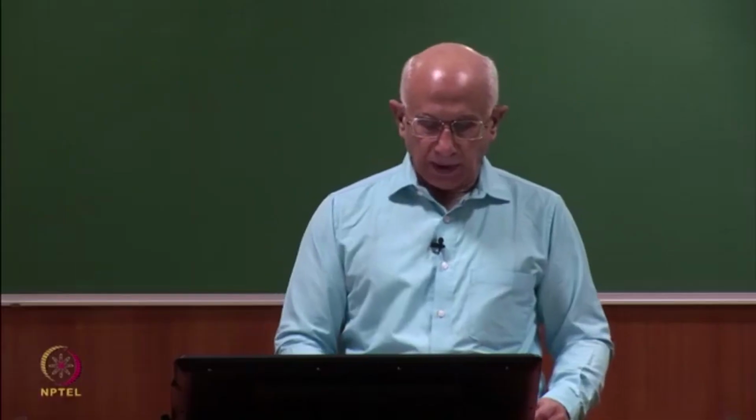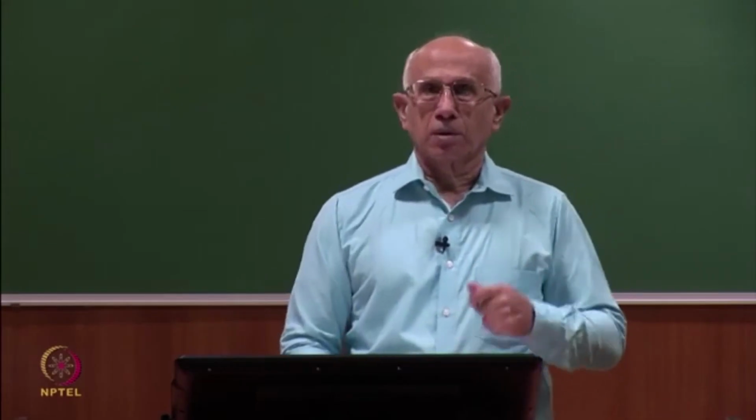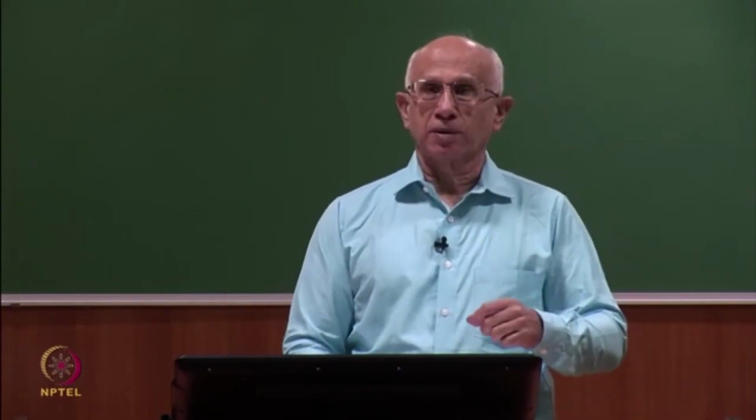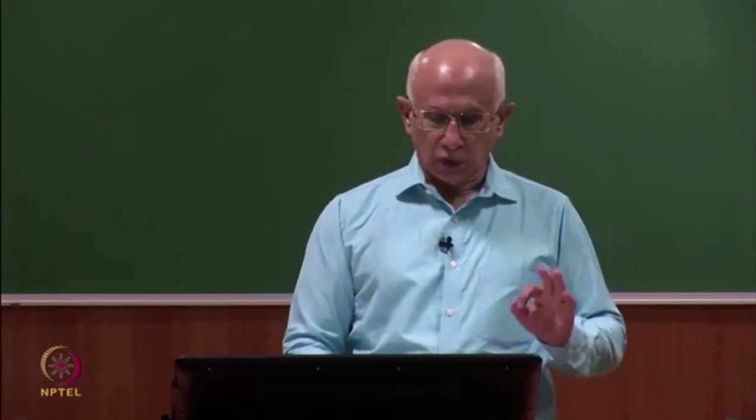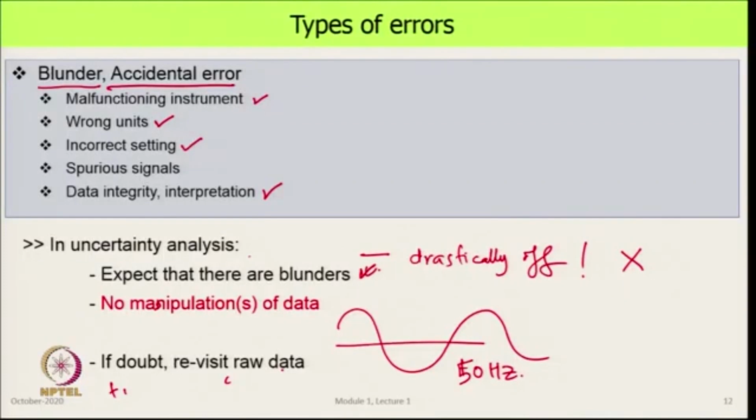Okay, the second thing that we have to work with: when we do uncertainty analysis, result analysis, reporting of results, writing of reports, we assume, one, that we did not commit any blunder. So, everything we will learn later on in this course assumes that there were no blunders.